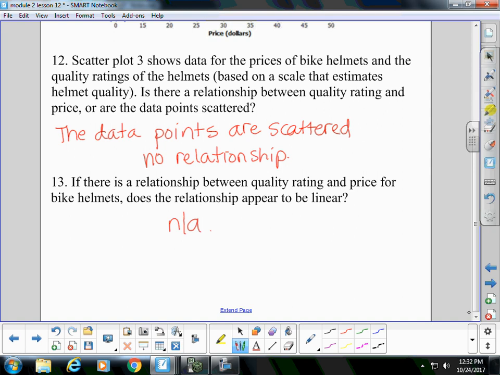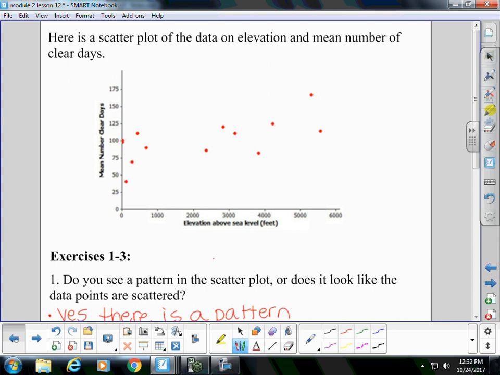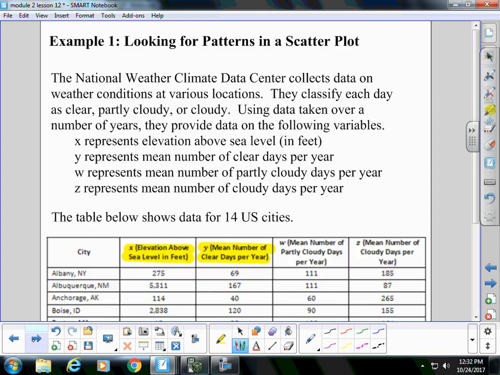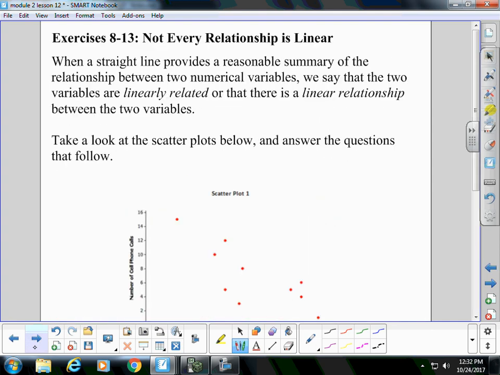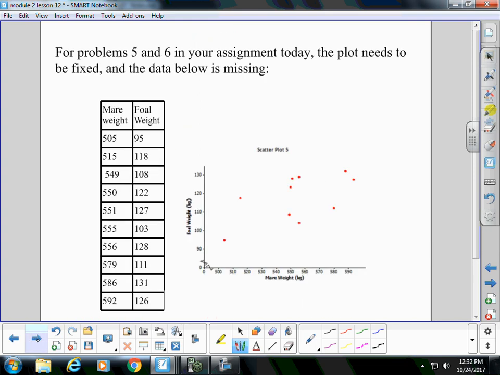Okay, so today's topic was being able to figure out if a scatter plot has a relationship and if it is linear or not. Okay, and I think we talked about that already. So today's assignment, when you get that far, there is a typo in the book.